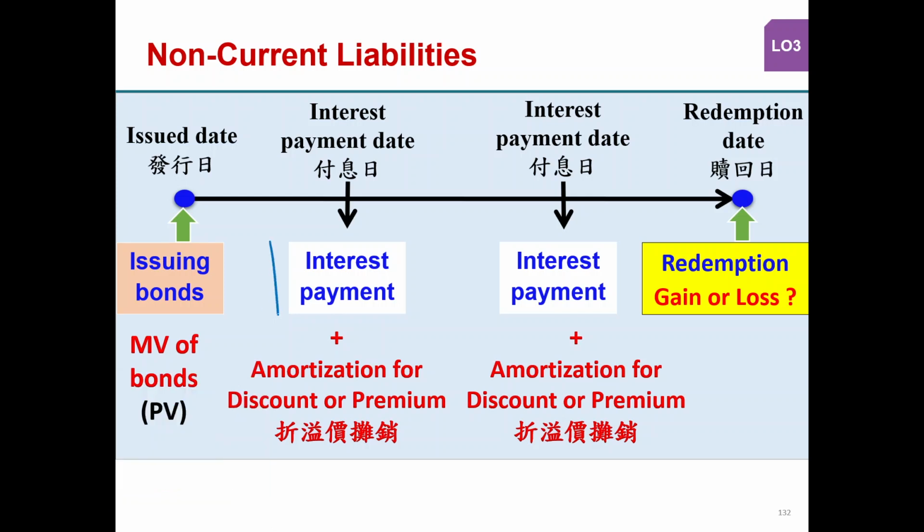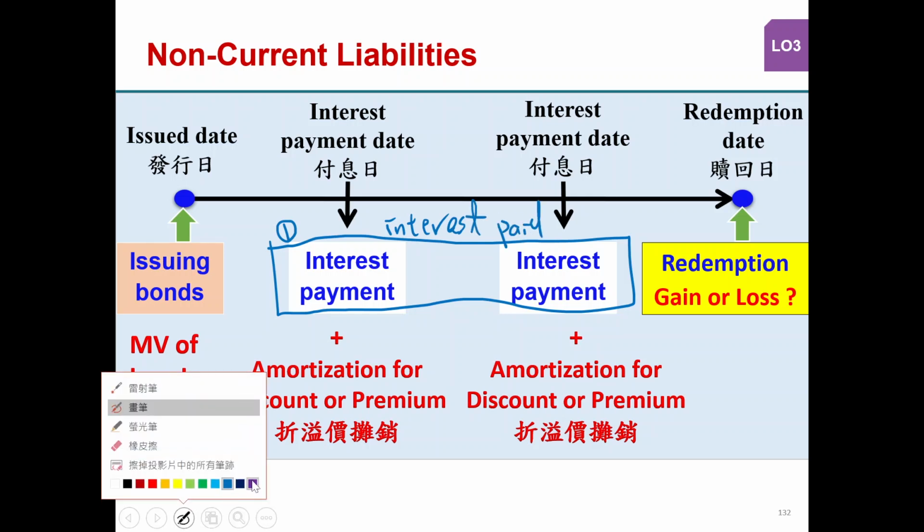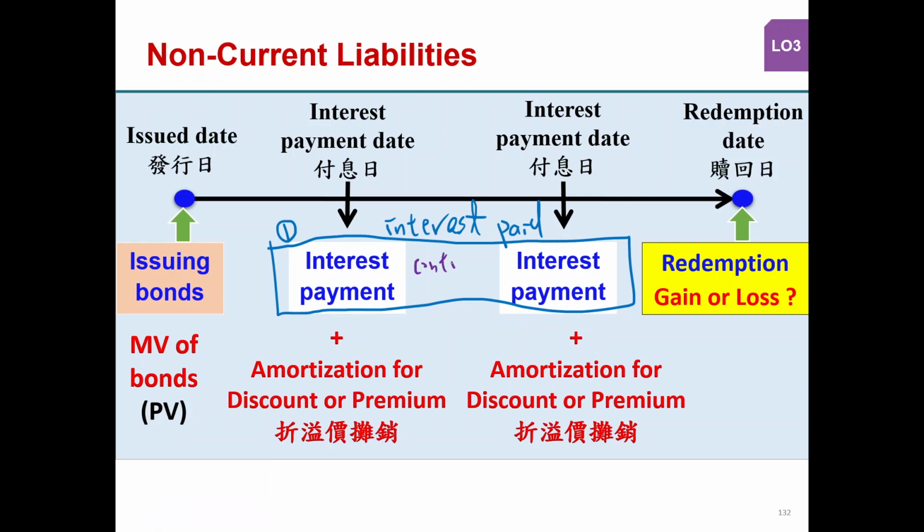So don't forget, what's the first interest we have? Your promise, right? So your first cost of borrowing is the interest you paid, right? Based on what? Your promise, right? So your promise is contractual interest rate. So we have a first cost of borrowing, first interest based on your promise.